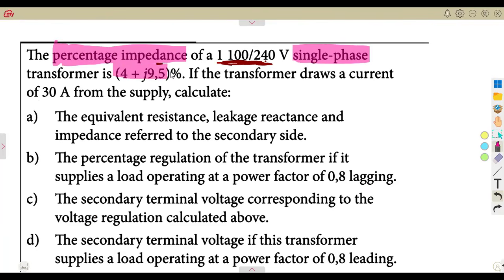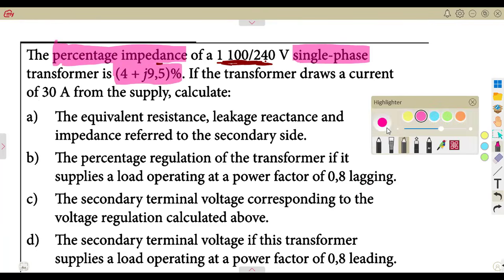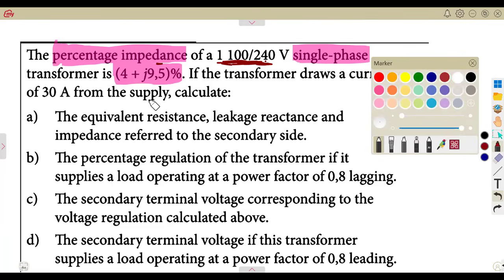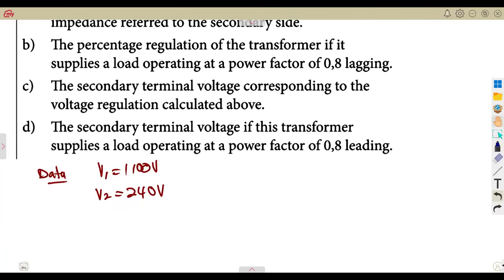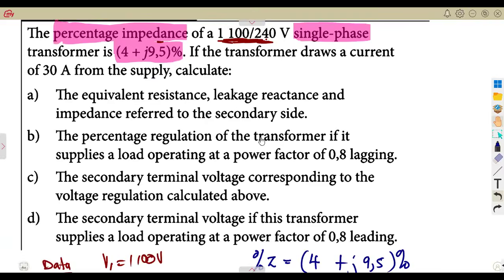Take note, this is our percentage. They are not giving us just a normal impedance. It's a percentage. Our percentage impedance is given as 4 plus j9.5%. This is what we have, guys.